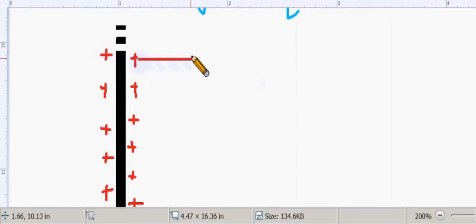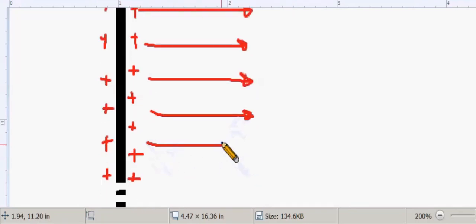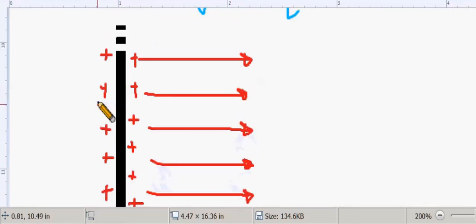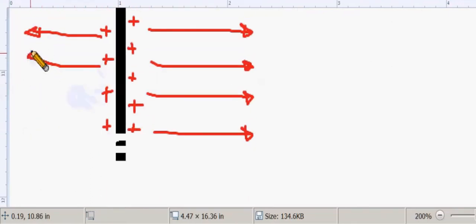So the flux distributes like this. We consider only a 1 meter length piece, even though the wire is very long.